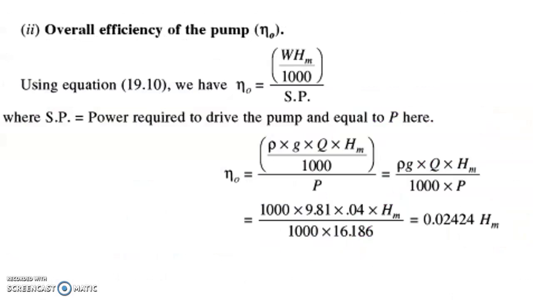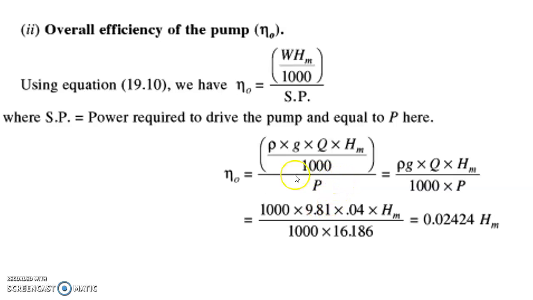So next we need to find out the overall efficiency. We know the expression for overall efficiency. SP is basically the shaft power, that is equal to the power which is given in the problem, and W means rho QG, and this is the manometric head which is given.